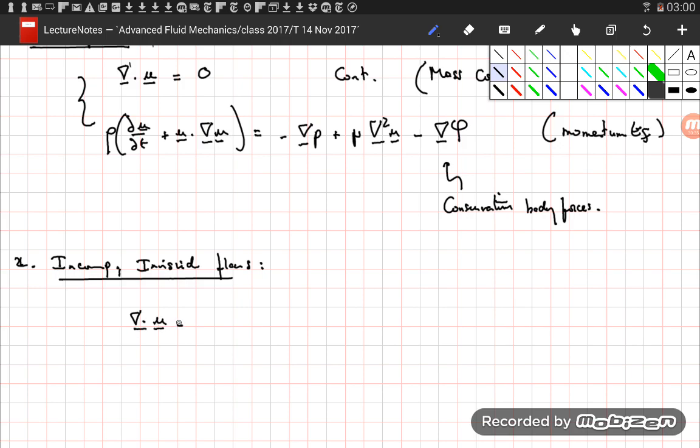The continuity equation doesn't change, but we now have Euler's equations. We neglect the viscous term, and we end up having this equation here. So those are Euler's equations.